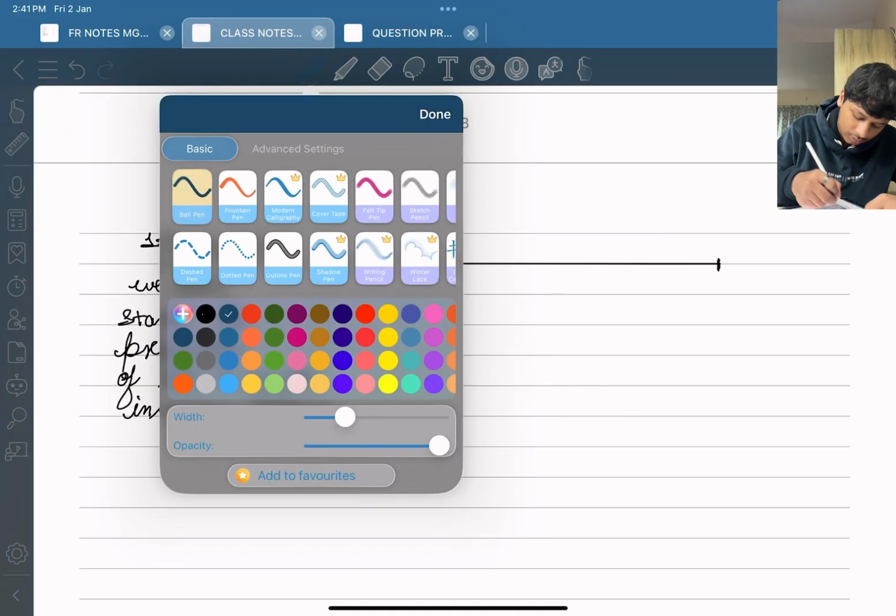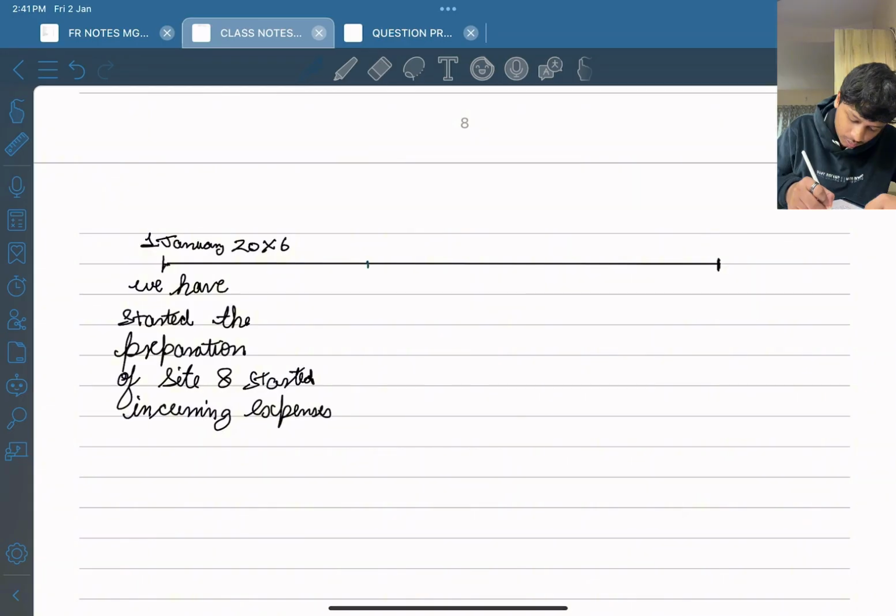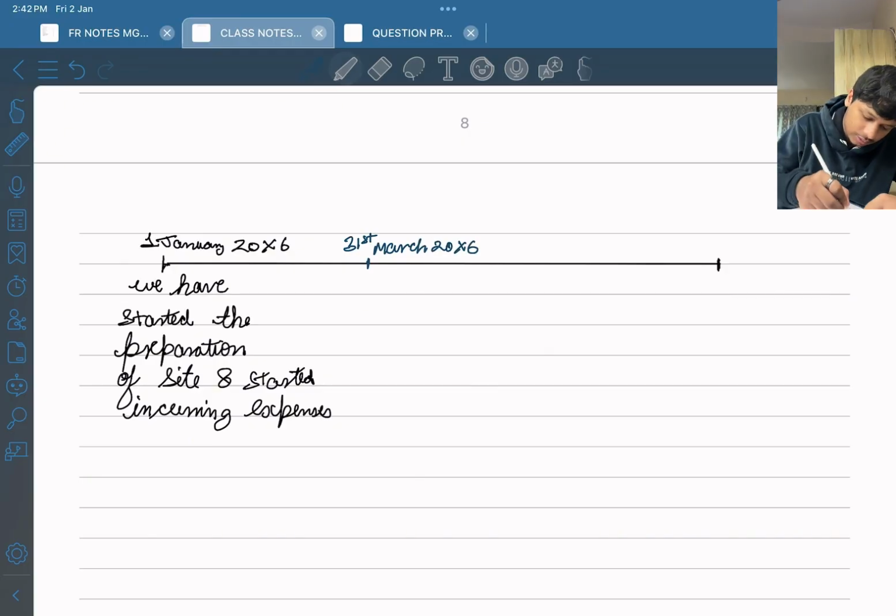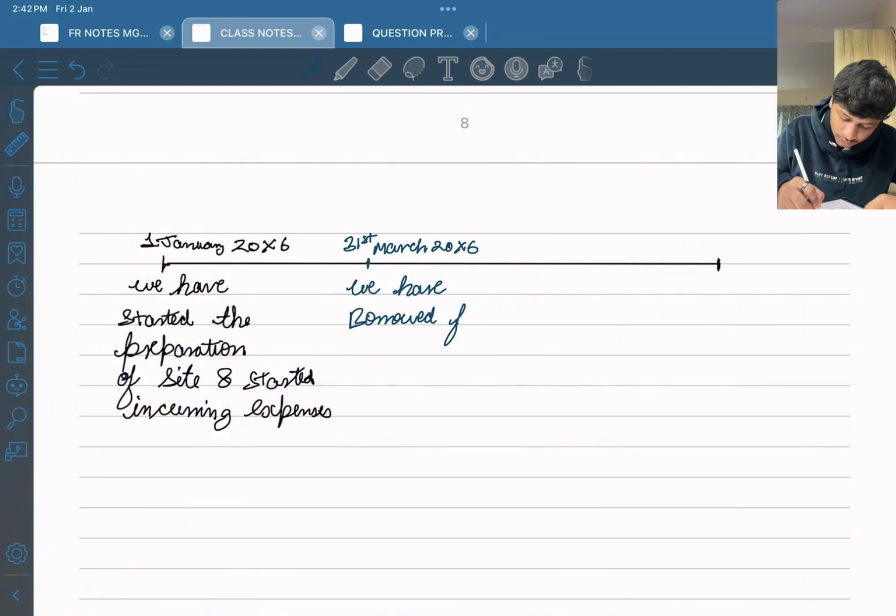Now on 31st March 20x6, we have borrowed funds from the bank.